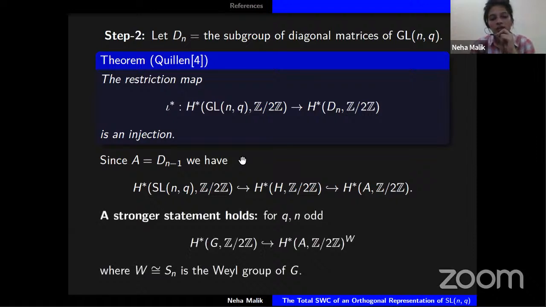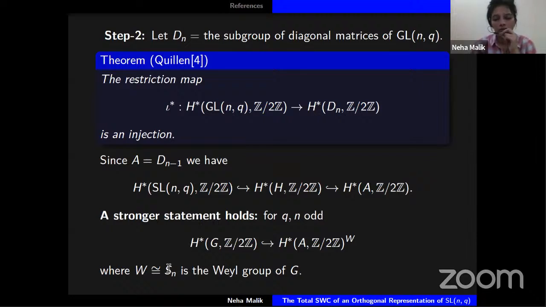But due to the statement I made about the image of i* being inside the fixed points under the action of the normalizer, a stronger statement holds: for Q and N odd, H*(G) injects inside H*(A) under the ring of invariants under the action of W, where W is the Weyl group of G. G is SL_N(Q), so this W is isomorphic to S_N.